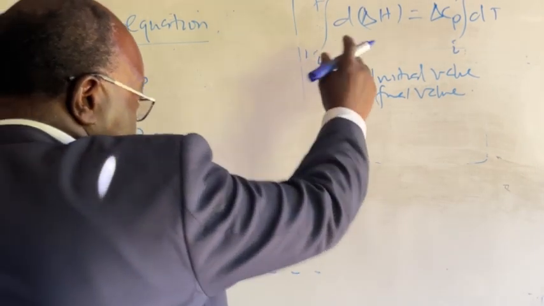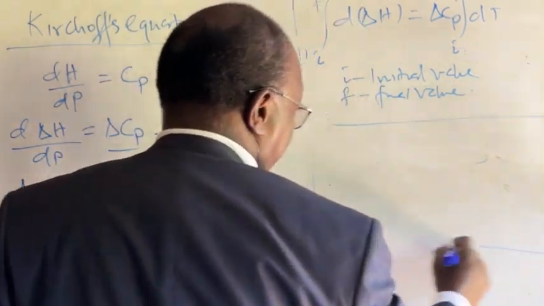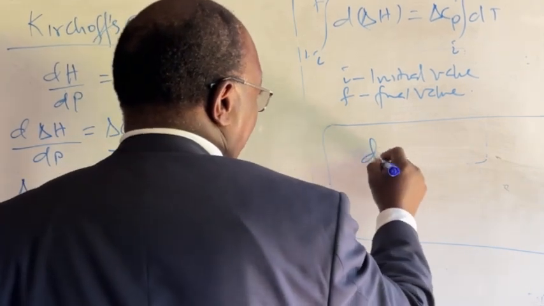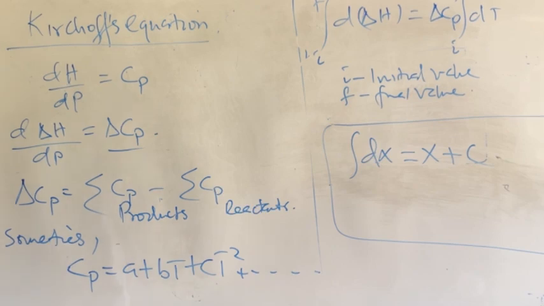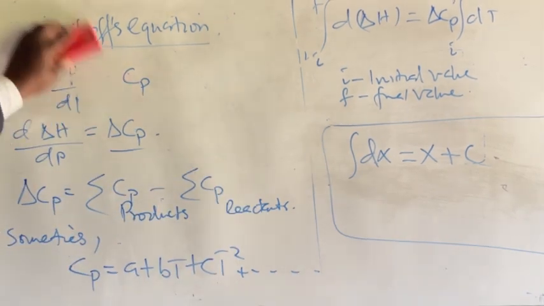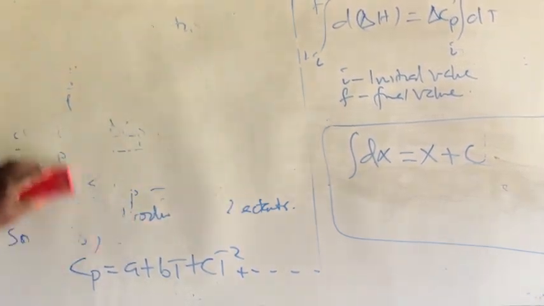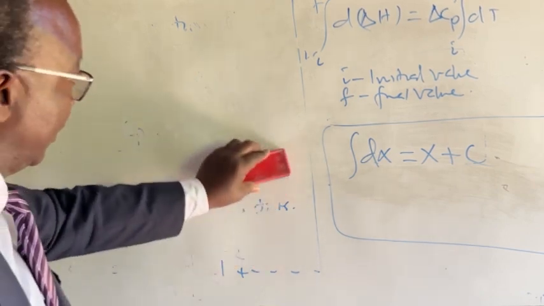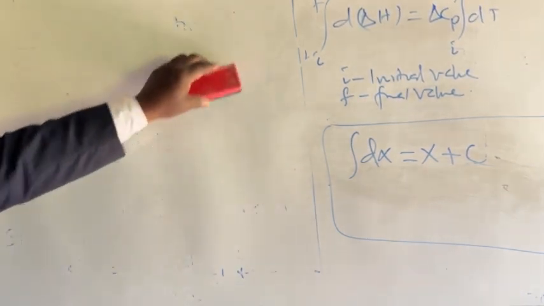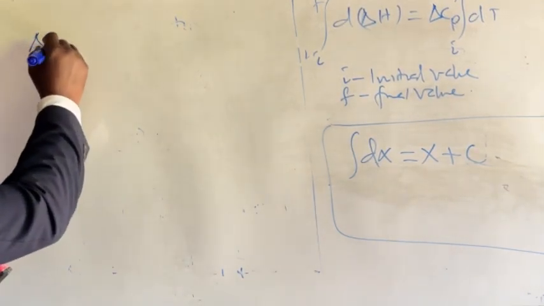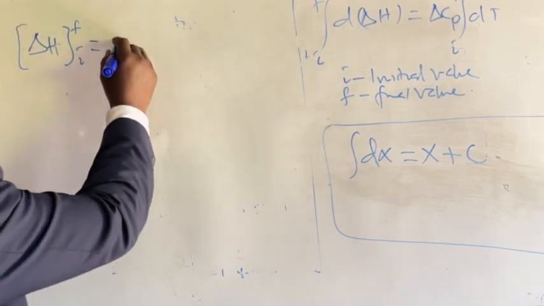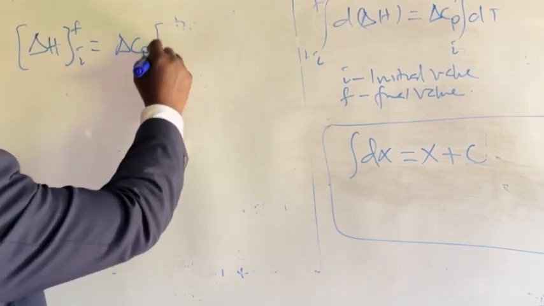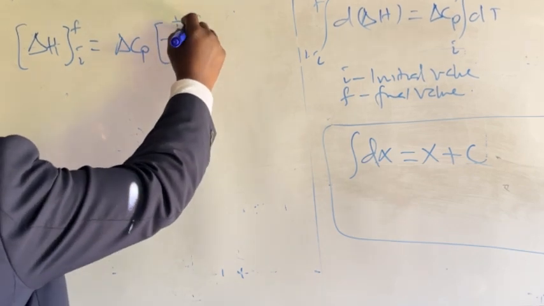Now, when you integrate this, I'll just use the simple integral calculus identity. That's the integral of dx is simply x plus an integration constant. So the integral of d delta H will simply be delta H, from initial to final value, is equal to delta Cp into T, from some initial to some final value.